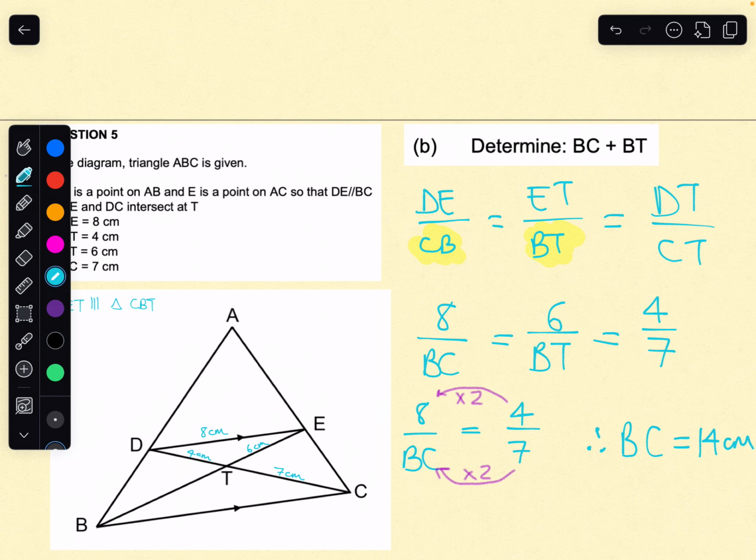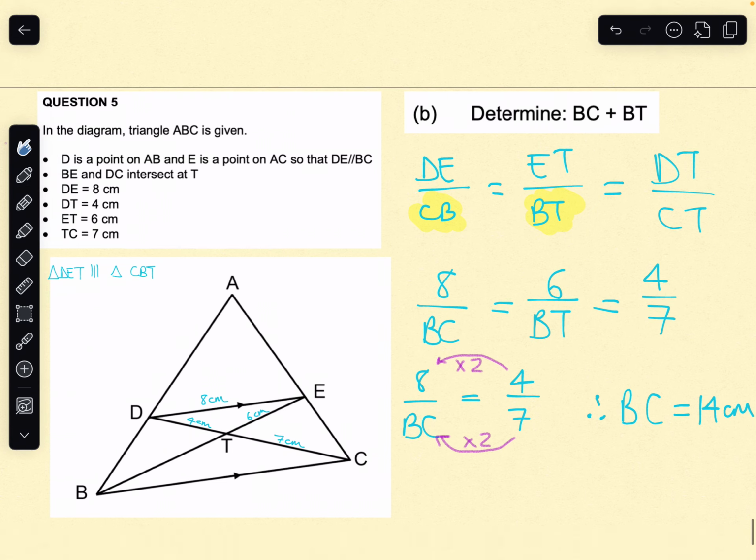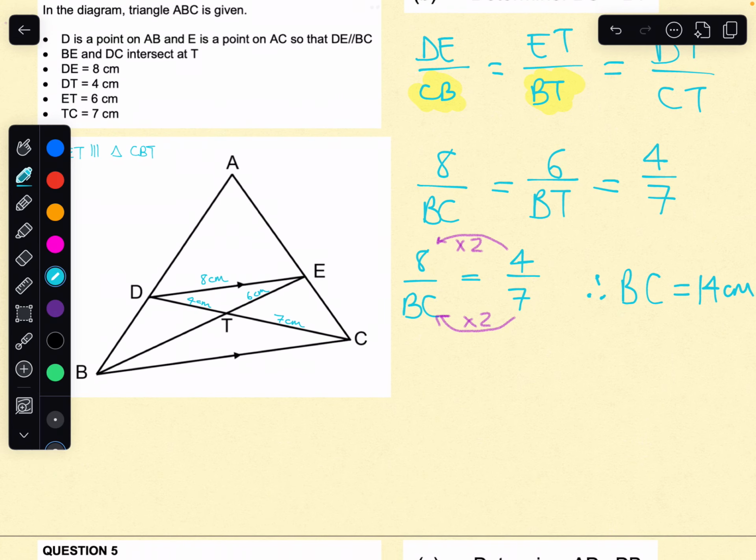And then to work out BT, we have 6 over BT is equal to 4 over 7. Some of you might be able to straight away see that 4 times 1.5 is 6, so you could do the same to work out BT. But we can also just use cross multiplication. 6 times 7 is equal to 4 times BT.